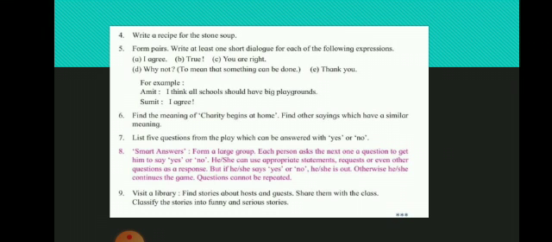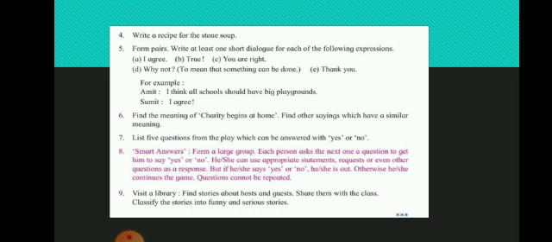Expressions are: I agree, true, you are right, why not, thank you. You have to use these expressions in your dialogues. Now see what Amit is saying: I think all schools should reopen now. Now what Sumit is saying: I agree. So you have used this expression, I agree, right?